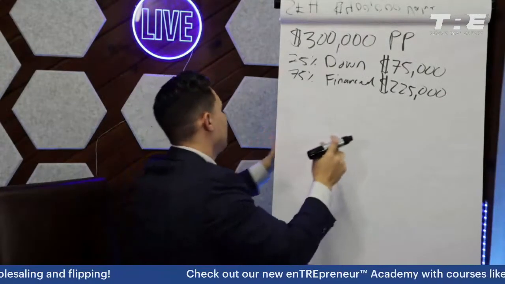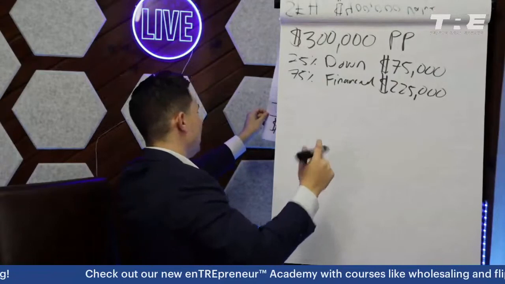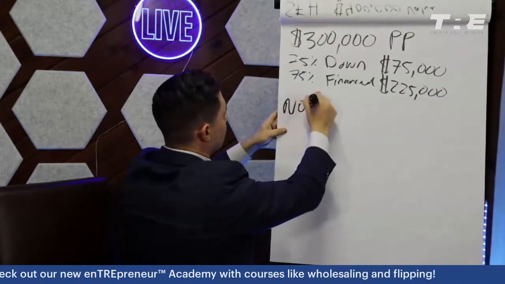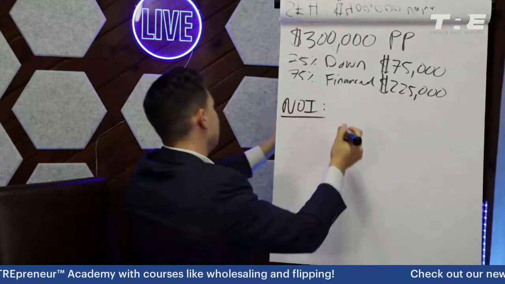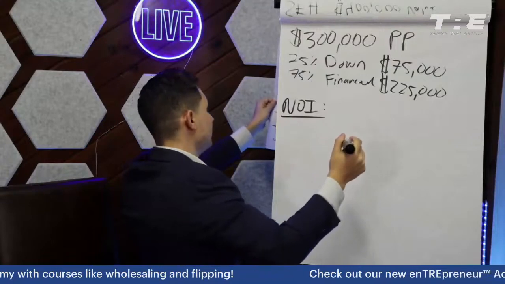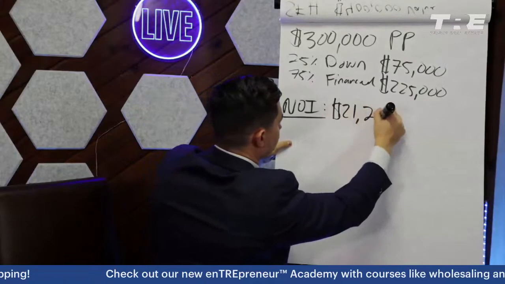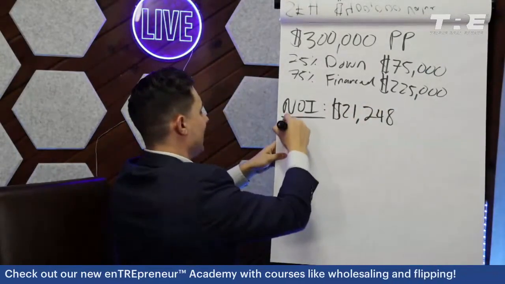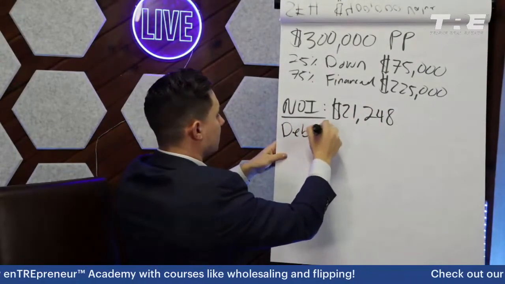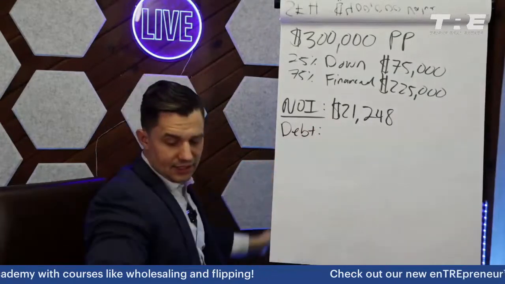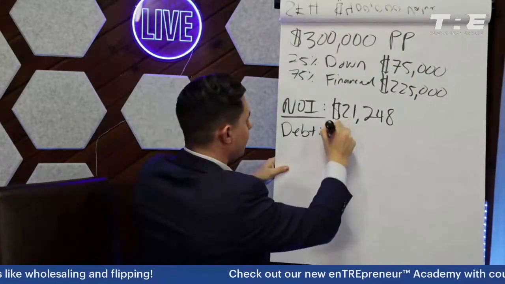So now, what was our NOI? NOI was $21,248. Our debt is 16,875.